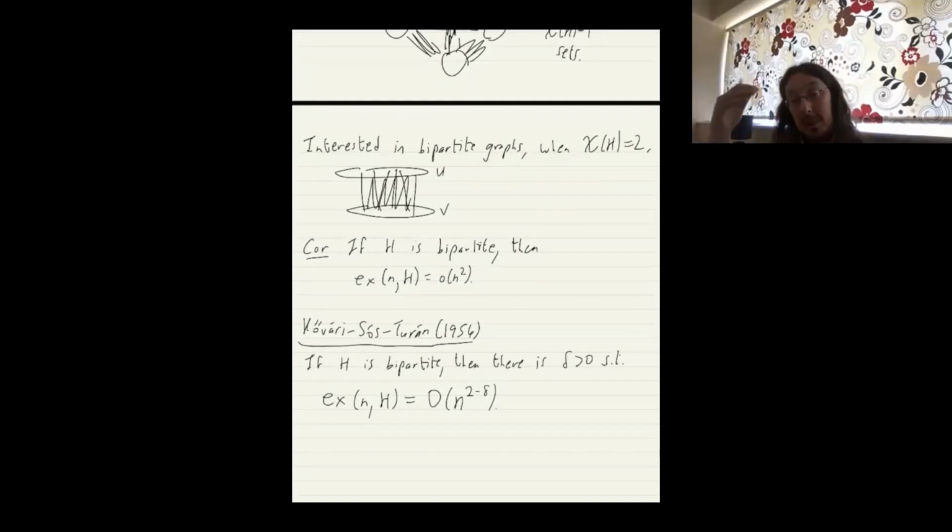So you can always drop by some power saving. Not only do you get some little o of n squared, you actually get a full power saving on the bound.